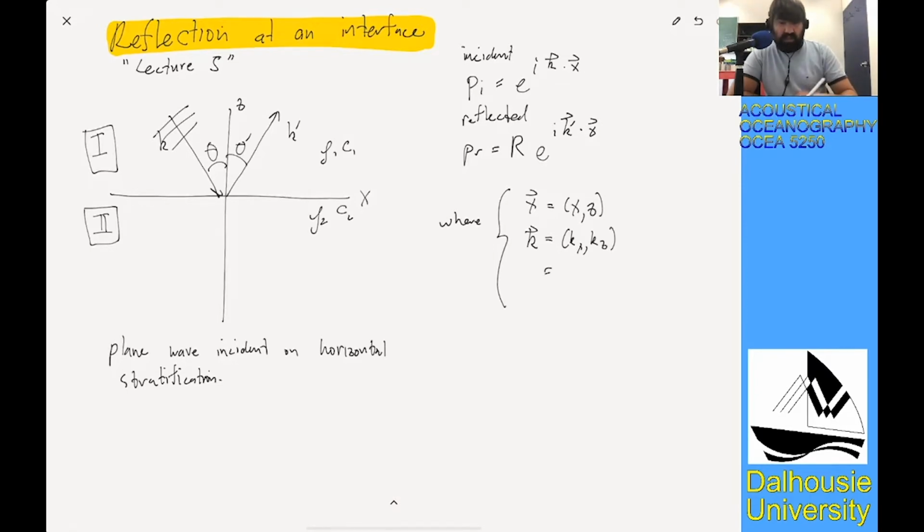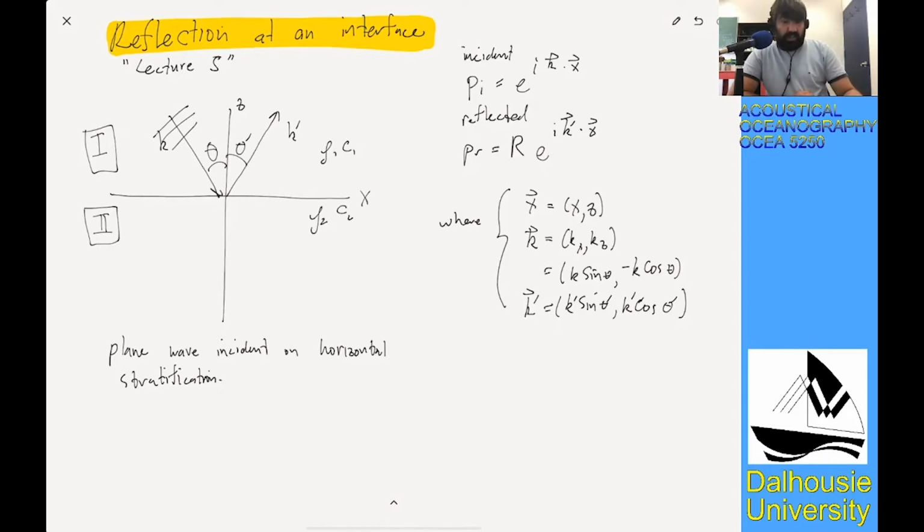And if we want to write those in terms of our nice angles, theta and theta prime, this is going to be k sine theta, minus k cos theta, and then for k prime, that's going to be k prime sine theta prime, k prime cos theta prime. Okay?